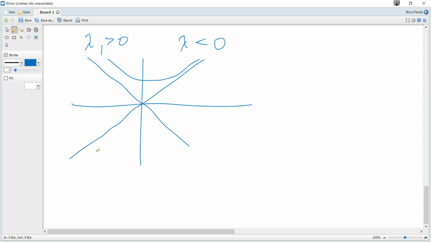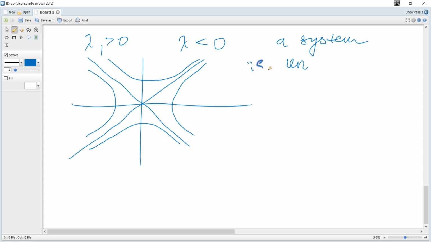It looks like this, and it asymptotically approaches these vectors, and overall such a system is unstable. It has some equilibrium point, but in general it's not stable.